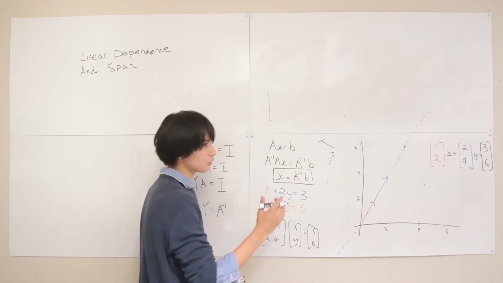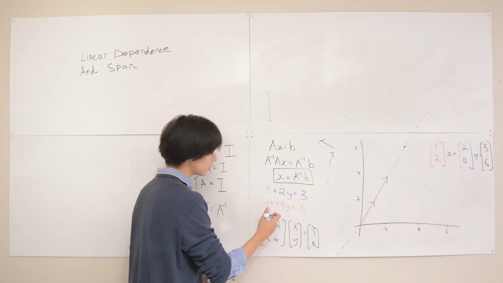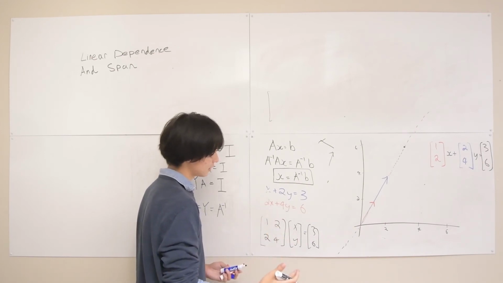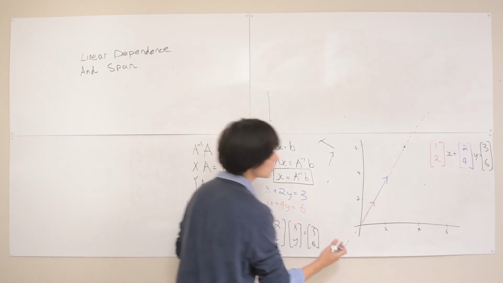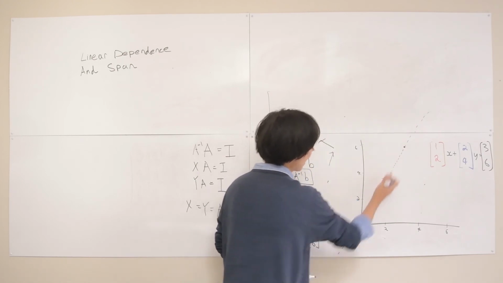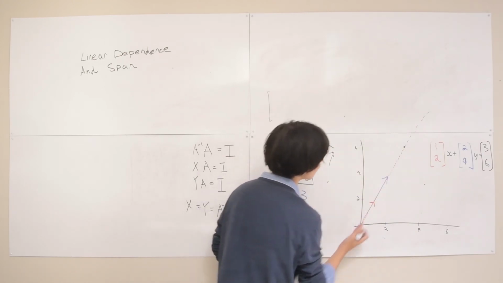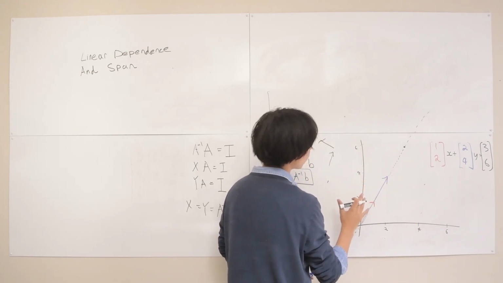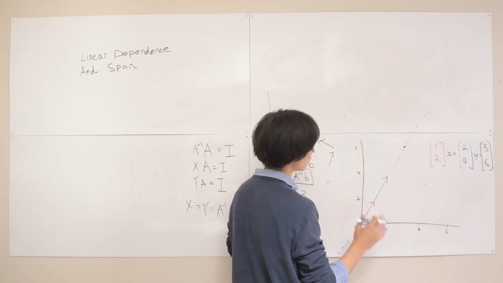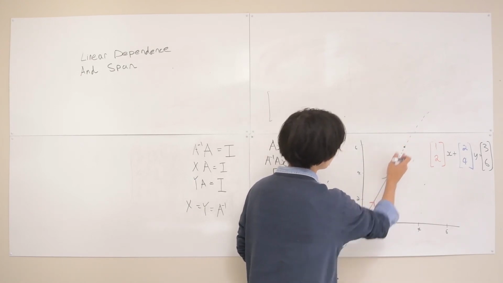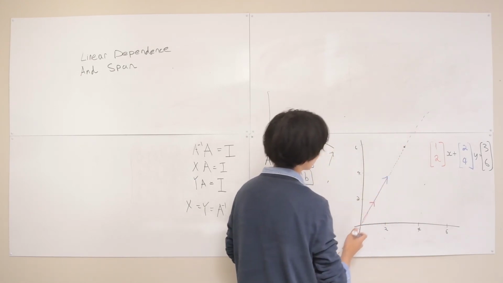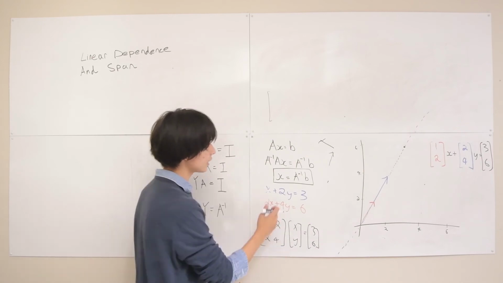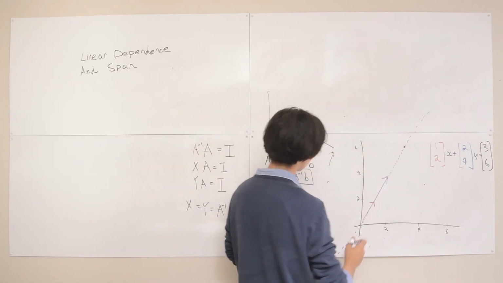So the span of the vectors that are the columns of A is called the column space of A. The column space of A, the span of these two vectors, is only a single line going through R2 space. And therefore, there's an infinite amount of solutions for any point, any kind of right answer located along that line. And in this case, the right answer is located along that line.